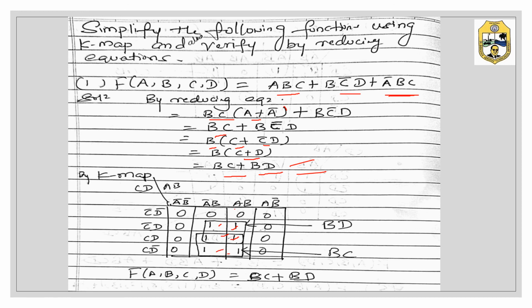So all these are 1. So when you make a group, you cannot make a group of 6. You need to make a group of either 2, 4 or 8. So first the grouping is made over here of 4. So for this the expression is, see what is the common term here, it is B, and in this the common term is D, so it is written as BD.